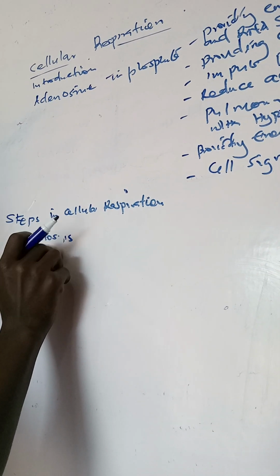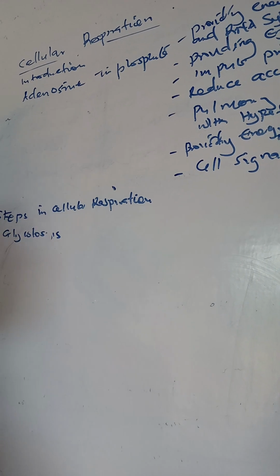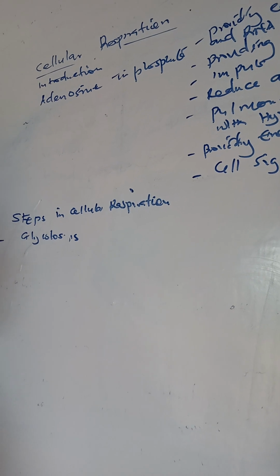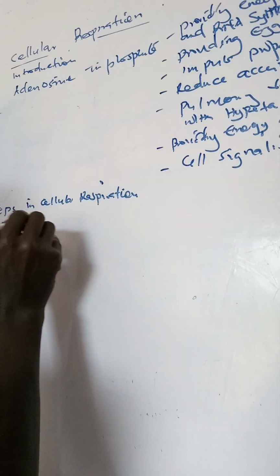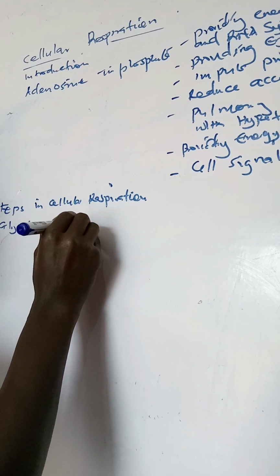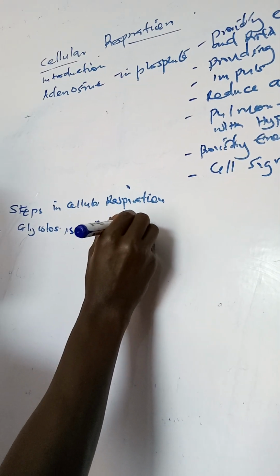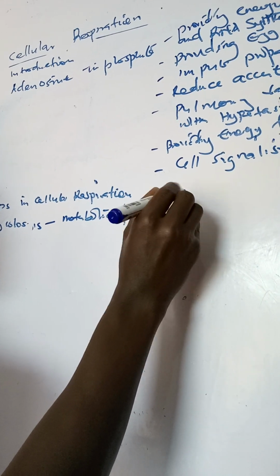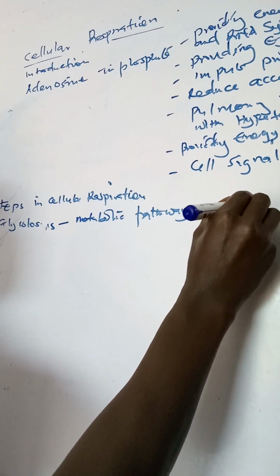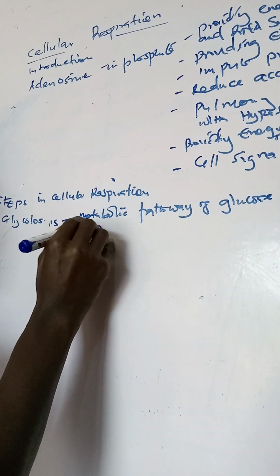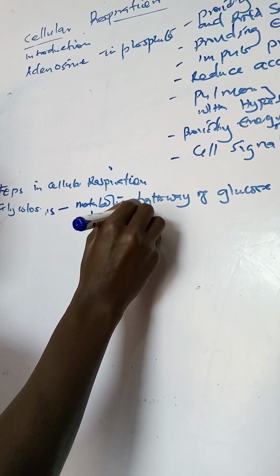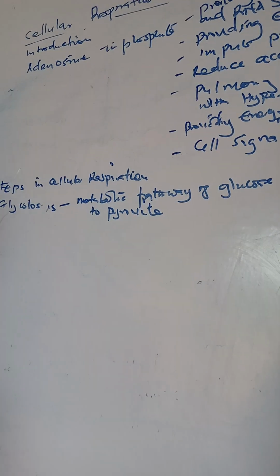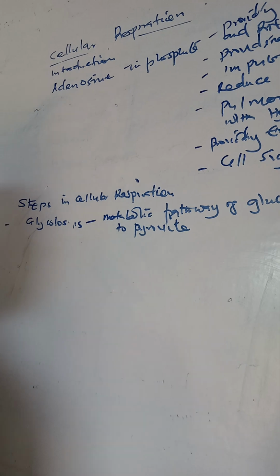This is a metabolic pathway for the conversion of glucose to pyruvate, or breakdown of glucose. That is what is meant by glycolysis.